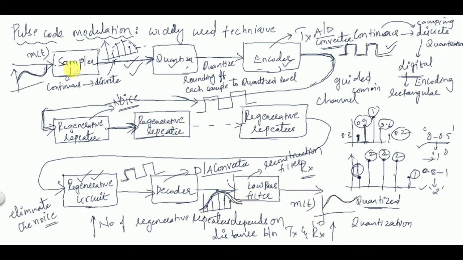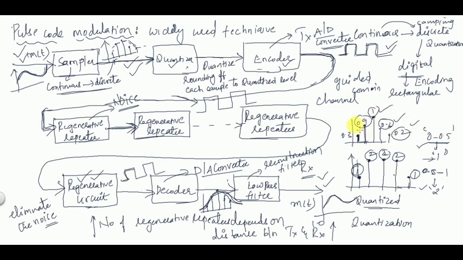So that is how your message signal is transmitted from transmitter end to the receiver end by using pulse code modulation. I'll tell you again, very simple. M of t is passed through the sampler first. The sampler converts a continuous time signal into a discrete time signal, and the output is a sampled signal whose samples have random values like this.